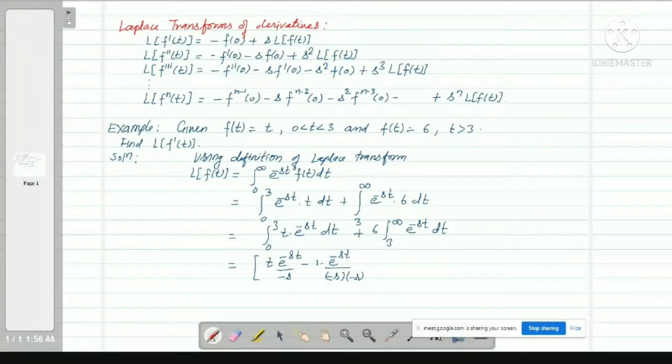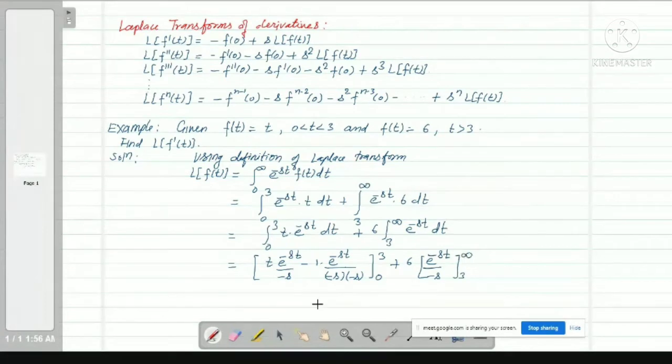Provide the limit 0 to 3 here, and plus 6, the integration of this is e raised to minus st divided by its coefficient, that is minus s, and provide the limit 3 to infinity.